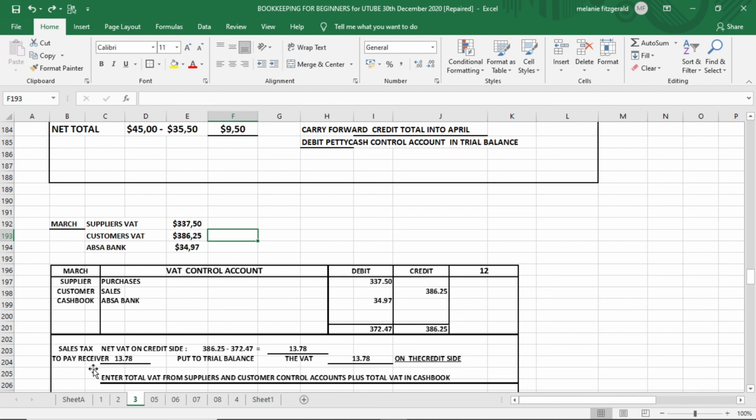The taxman gets this money. Then we put this amount in the trial balance on the credit side, this $13.78. So what we've done in this lesson is we entered the total VAT from the suppliers and the customers' control accounts plus the total VAT from the cash book. And that's how we put it in the VAT control account.